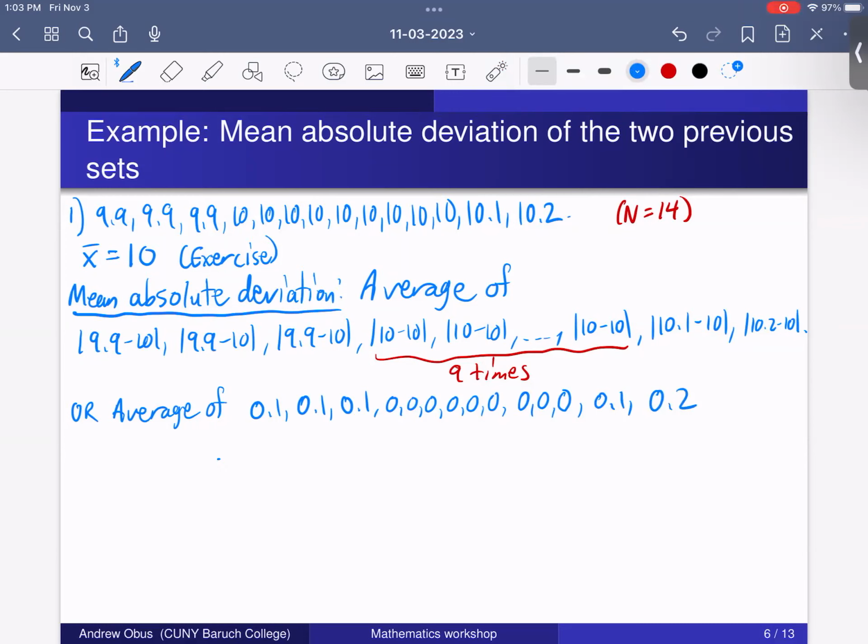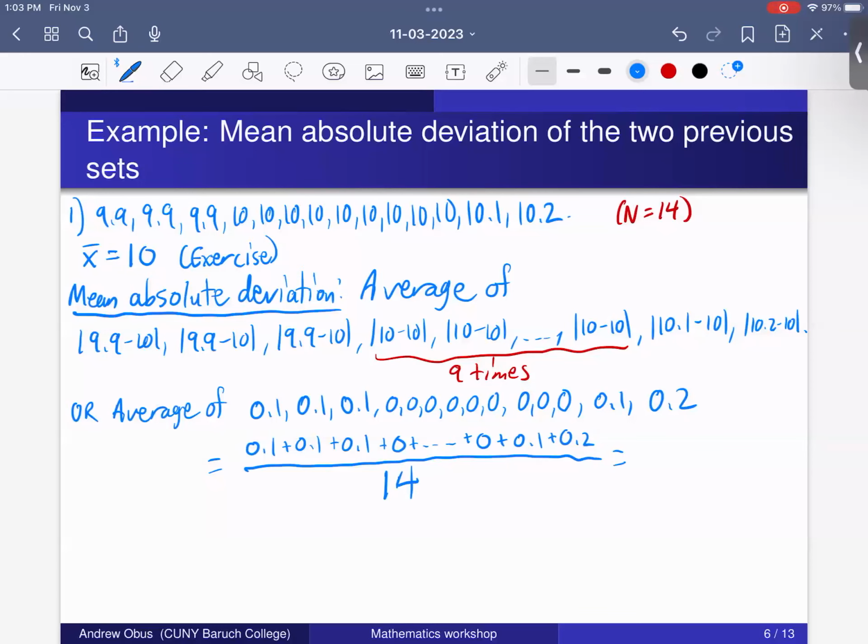And so what is this average? This equals 0.1 plus 0.1 plus 0.1 plus a bunch of zeros, which don't matter, and then plus 0.1 plus 0.2, all divided by the number of entries, which is 14.